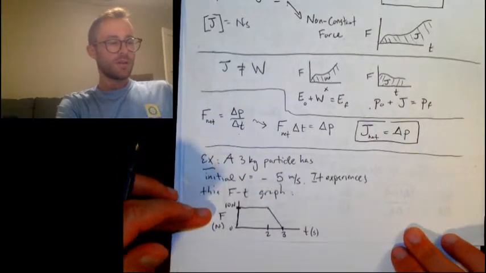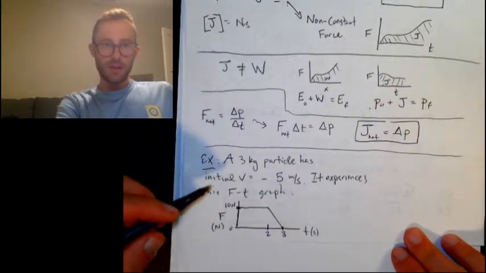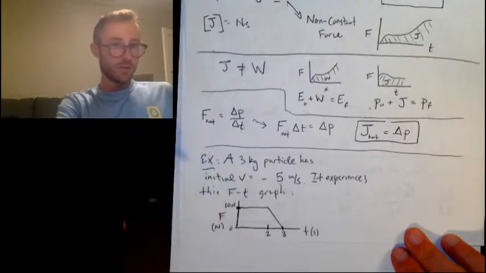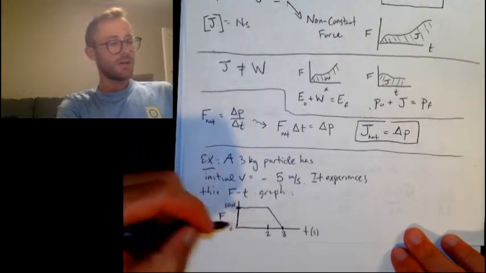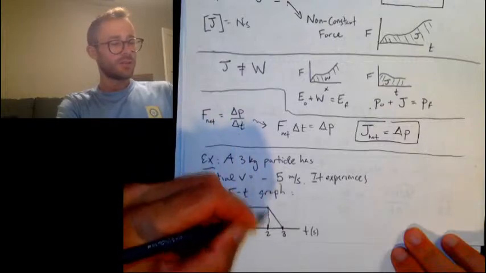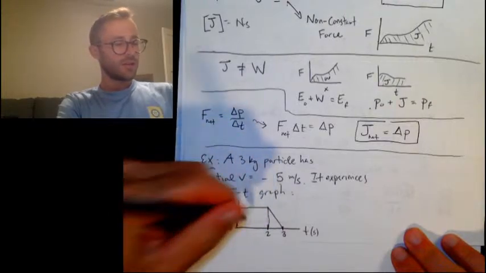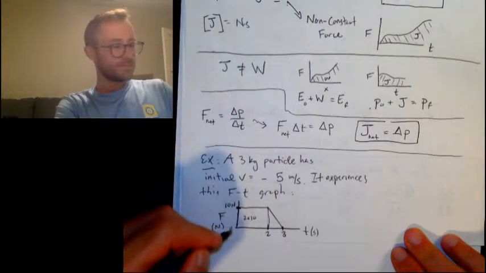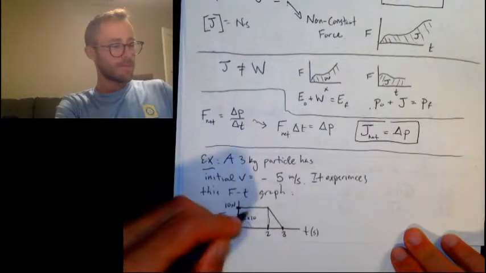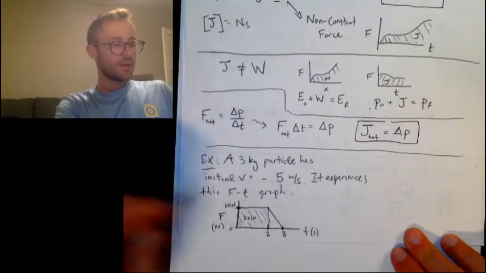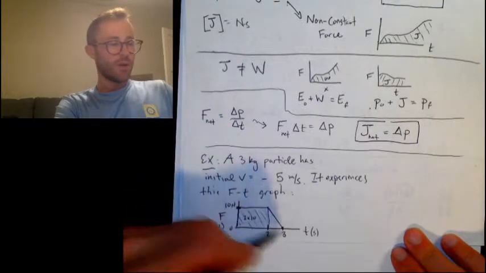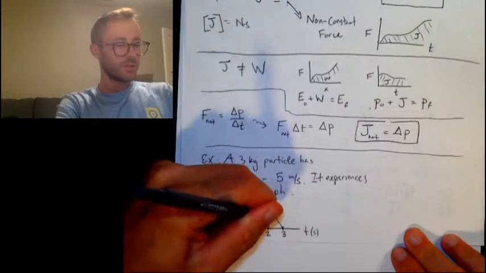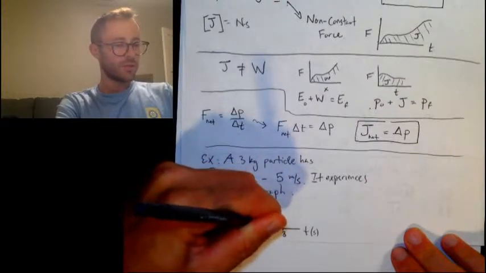Let's go ahead and calculate the area under the curve so we can get the impulse. I'm going to think about this as a 2 by 10 rectangle, and then I have a 1 by 10 triangle, so this is going to be 1/2 times 1 times 10.